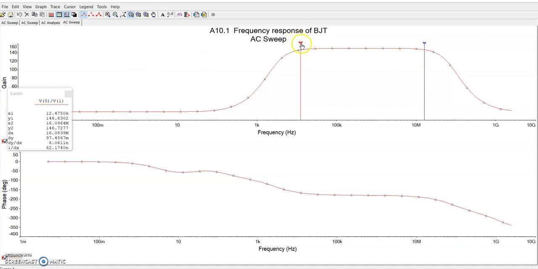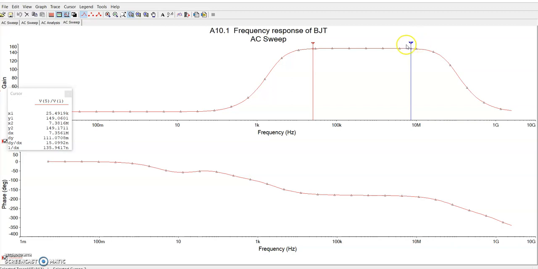You can vary the cursors and place them wherever you want. Here in this case, the midband gain, you can observe the y value is constant for these places. So it is 149. We have to subtract 3 and place the cursors for the bandwidth.